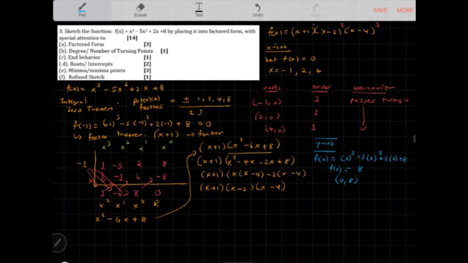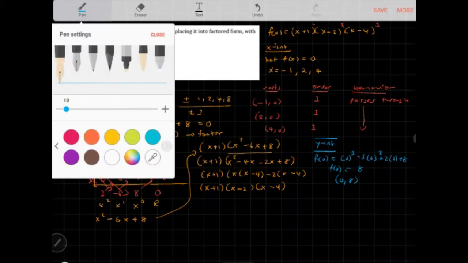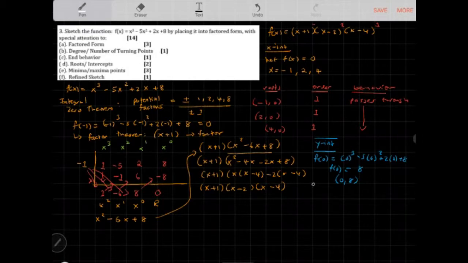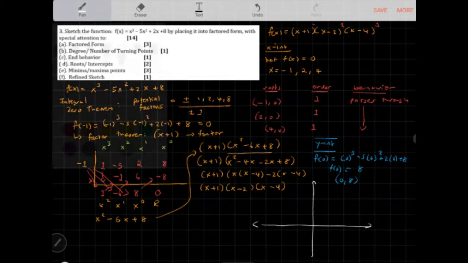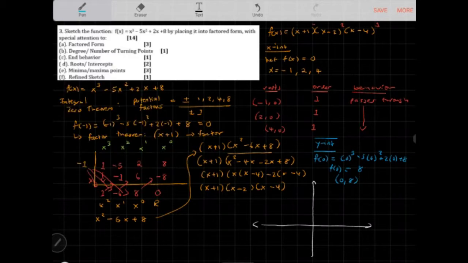And then if you wanted to sketch this collectively, I'm going to plug in my points, and you have negative 1 and 0 here. You have 2 and 0 here, and 4 and 0 here.